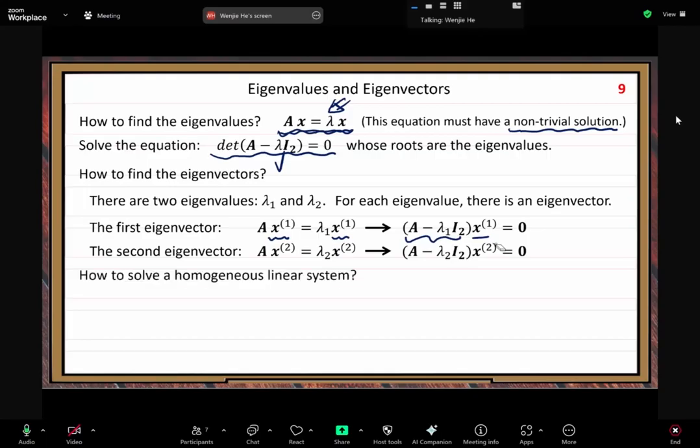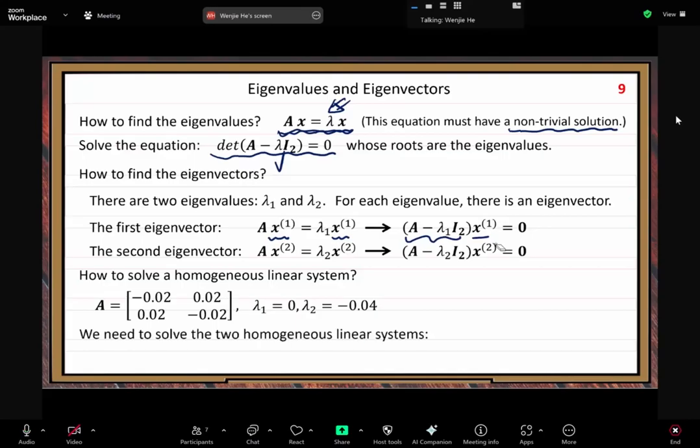How to solve a homogeneous linear system? Although it's very simple, there are some basic ways we use to calculate. For the A matrix, lambda 1 is 0, right? So the lambda 1 times I2 is a 0 term. Lambda 2 is 0.04.